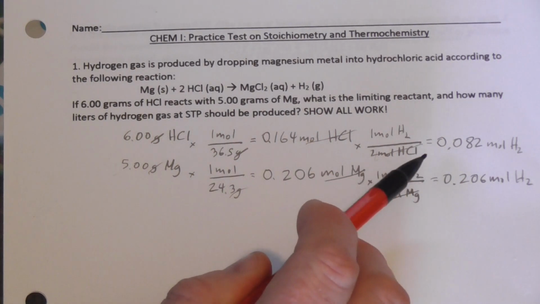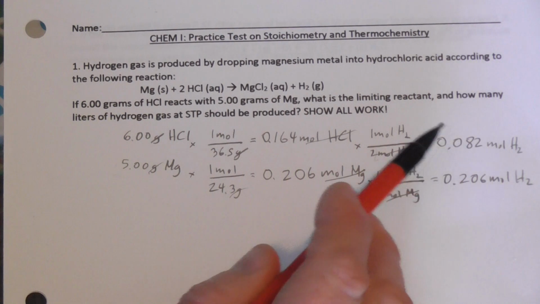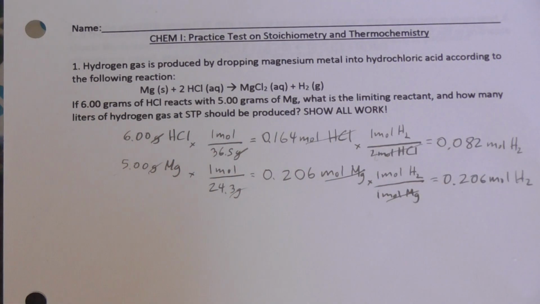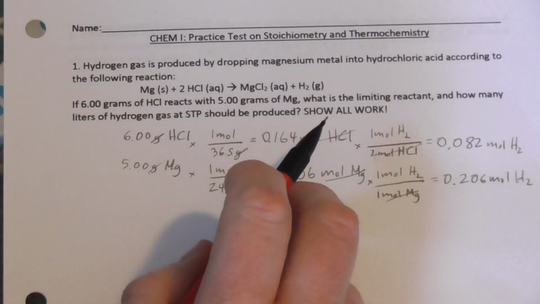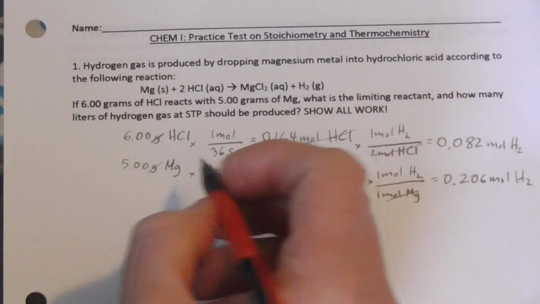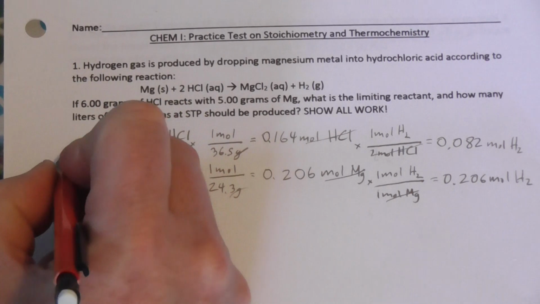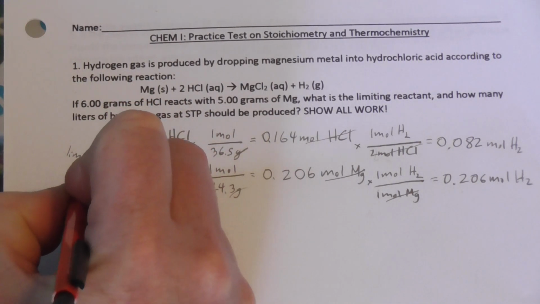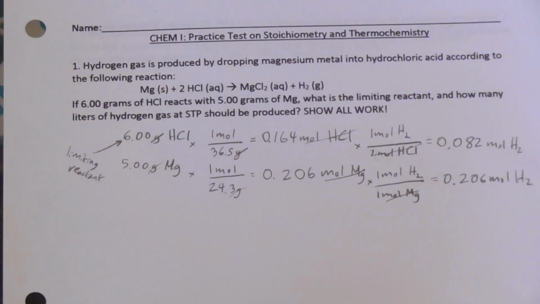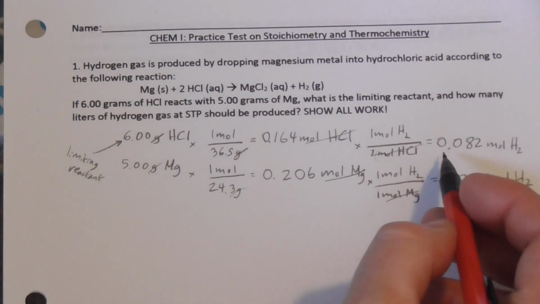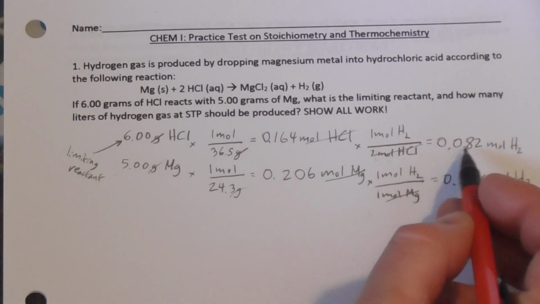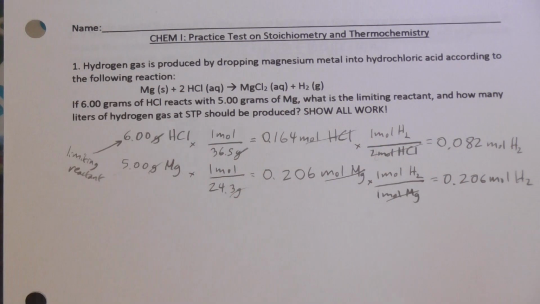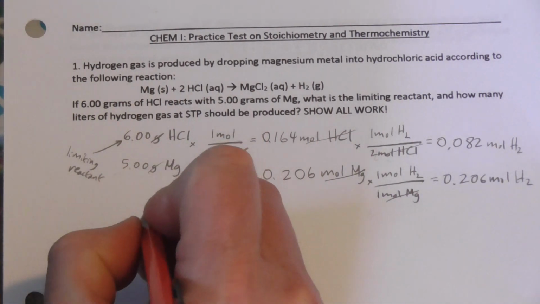Once my hydrochloric acid is used up, I can only make this many moles of hydrogen gas. So that is my number to tell me how much product I'll make. This HCl is my limiting reactant. I'm only going to make that much hydrogen, because once this amount of hydrogen is made, my HCl is used up, I can't make any more hydrogen gas.